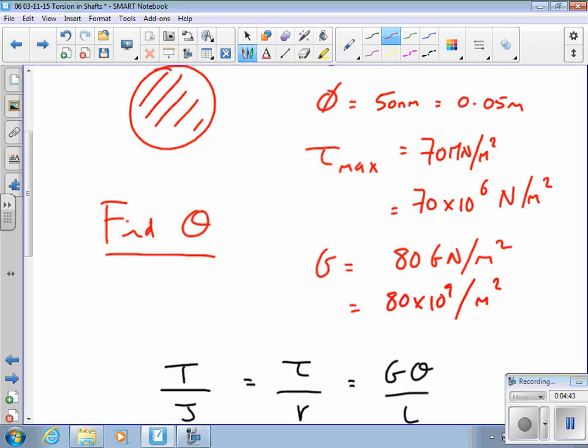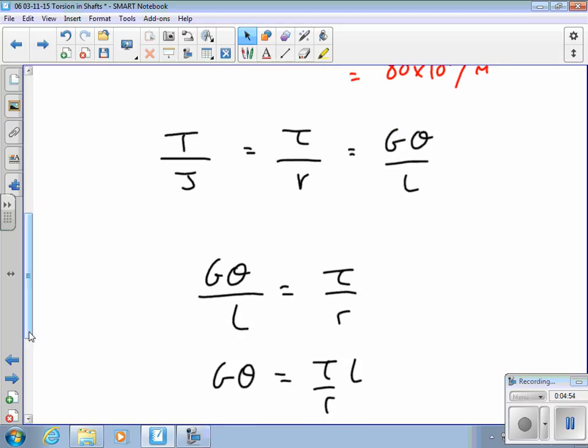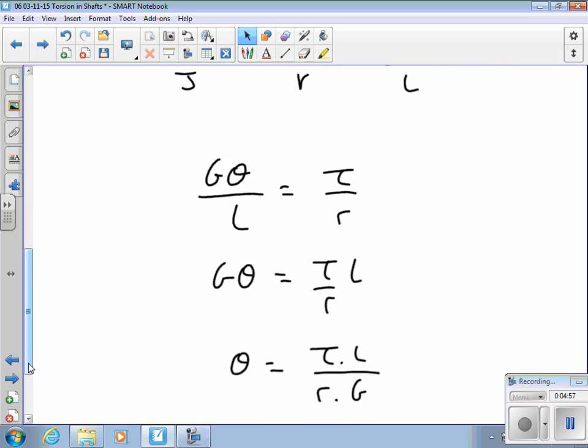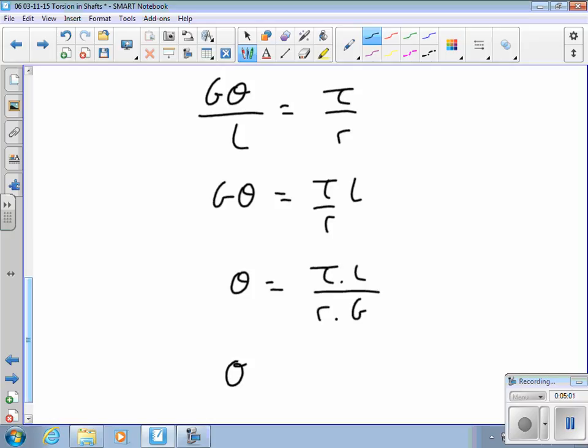So now I've got the values I need. Well, I've got to do something with that to get R. So R is going to be half of that. And then I can put the values in, and out will come the answer. Tau 70 times 10 to the 6 times the length, which is 1.5, over the radius, 0.025 times G, which is 80 times 10 to the 9.